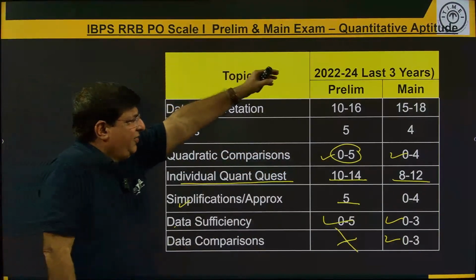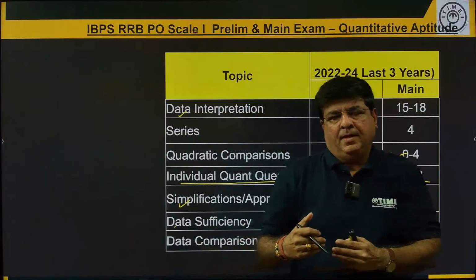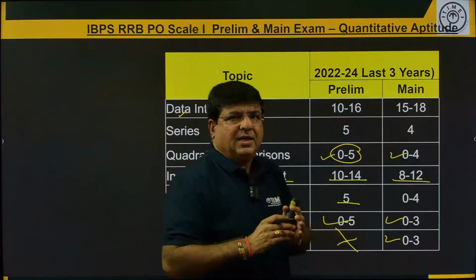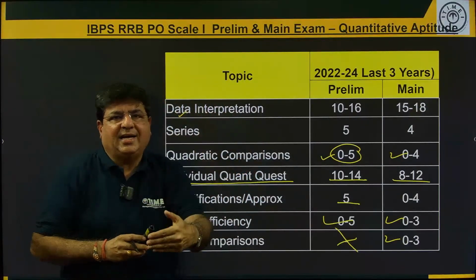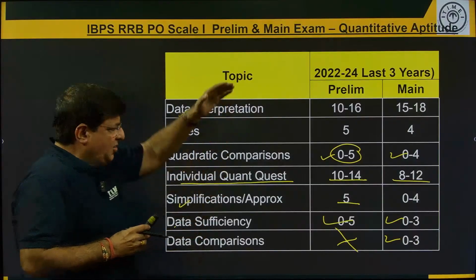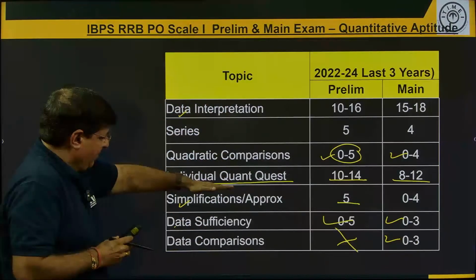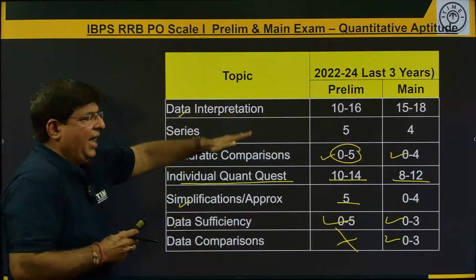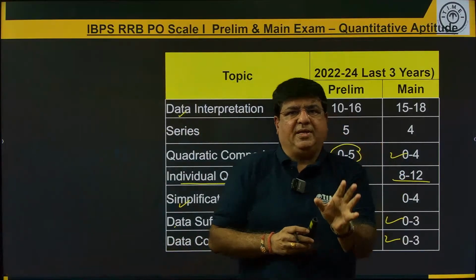So what we see from this is that the list of the topics is the same. The list of the topics for preparation does not change. You yourself can make a list of the topics asked in these bank exams: data interpretation, series, quadratic comparison, arithmetic, simplification, data sufficiency, data comparison, and so on. You can first make a list of all the topics, the 8 to 9 topics that are there.